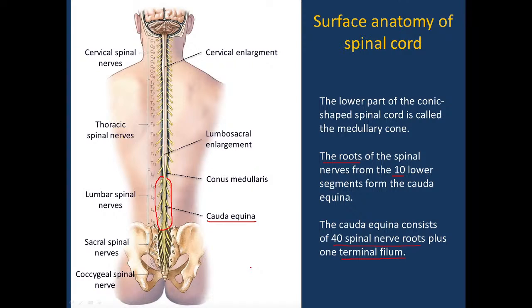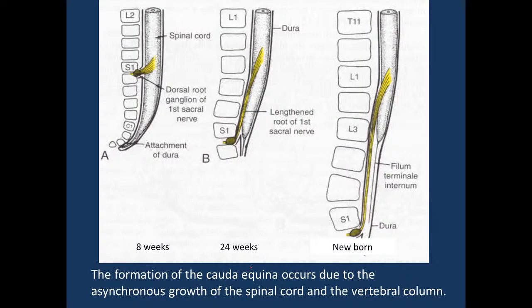Why is the cauda equina formed? You can understand it if you see the development of the spinal cord. During 8 weeks, the length of the spinal cord and the length of the vertebral column are the same.